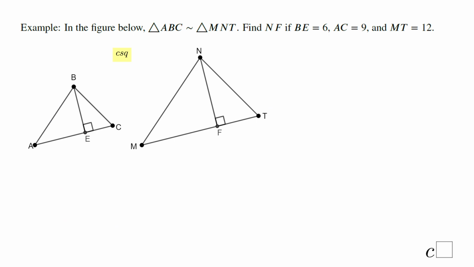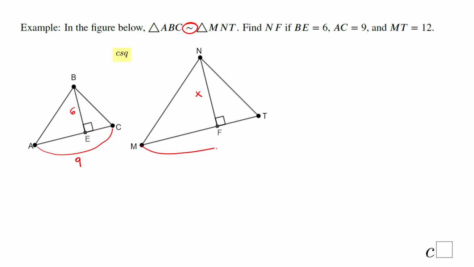We have these two triangles. They are similar. Remember, this sign means similar. Find NF. So I'm going to call it X. If BE is 6, AC is 9, so the whole thing is 9, and then MT is 12.